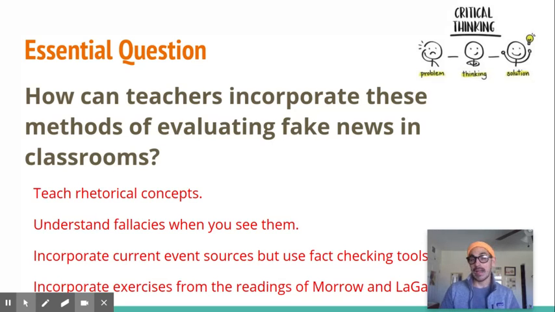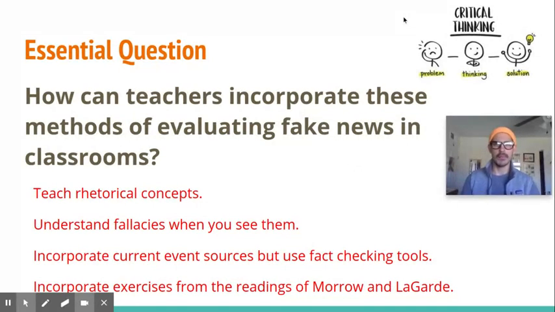Understanding fallacies as you see them, so giving those fallacies names and giving students opportunities to see those fallacies happening in a variety of media, incorporating current events, and using fact-checking sources that I just showed you. And lastly, incorporating exercises from the readings of Morrow and Lagarde and Hudgens, because they provide some really good structures in implementing lessons as well as tools for assessing.